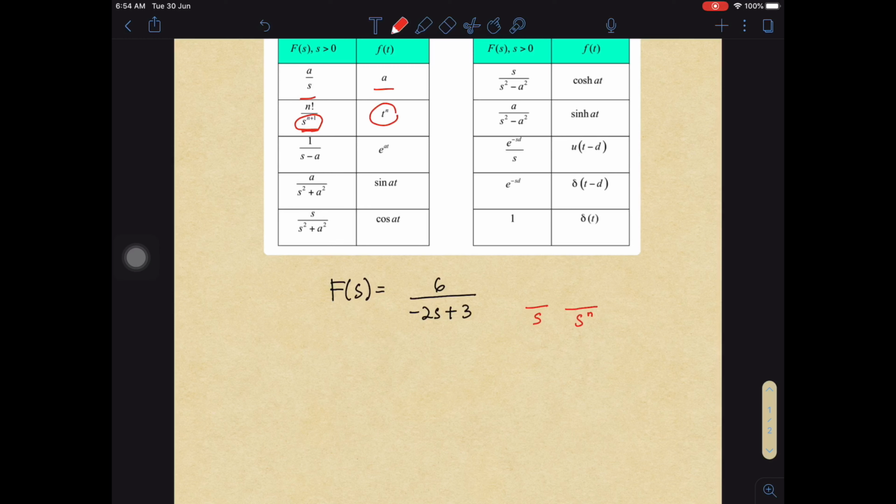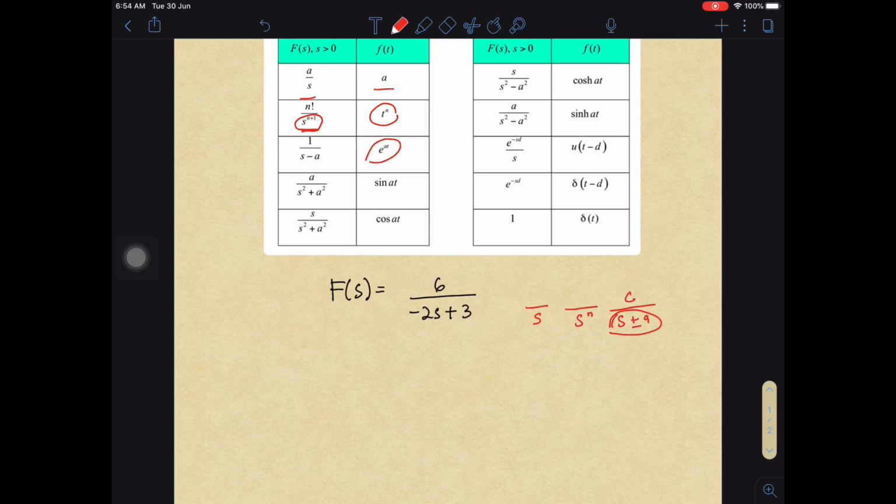If you have in the denominator s together with any constant, either plus or minus, and the numerator is any constant c, this will be related to the exponential function e to the power of at.